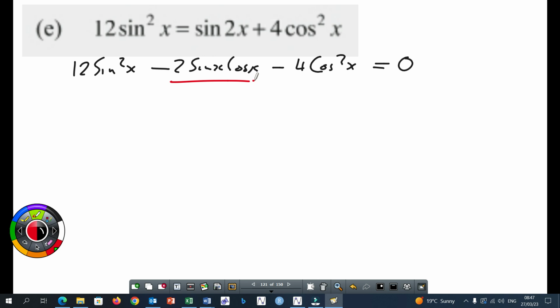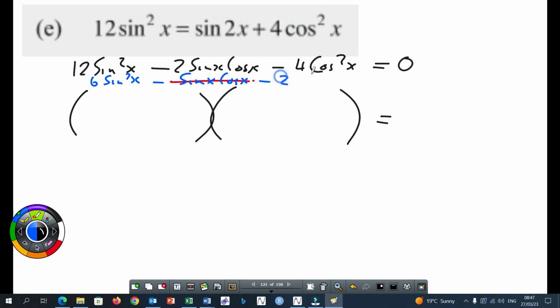So you must give me the factors. What will be the factors? Can you take out a common factor first? You can take out a common factor if you want. If we take out the common factor 2, we'll end up getting 6 sine squared x minus sine x cos x minus 2 cos squared x equal to 0.